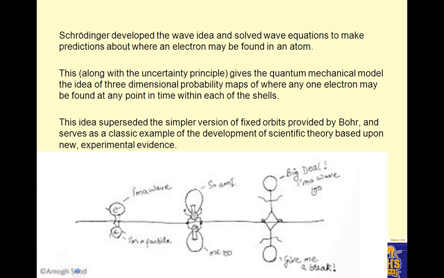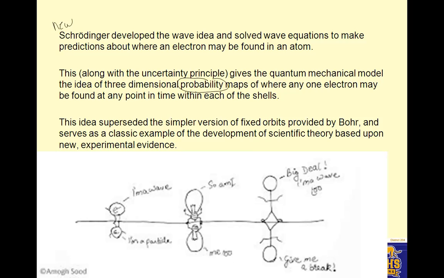All right, Schrodinger developed the wave idea and solved wave equations to make predictions about where an electron may be found in the atom. This is the new atom, the quantum mechanical model. The idea that electrons are waves, along with the uncertainty principle, gives the quantum mechanical model. It gives three-dimensional probability maps of where any electron may be found at any point in time within each of these shells.